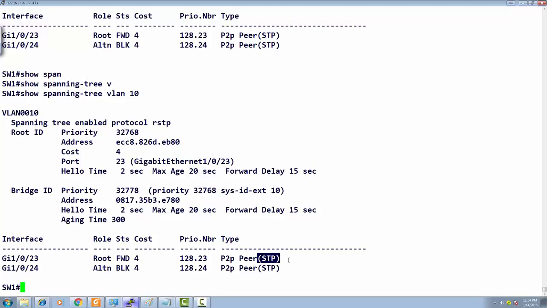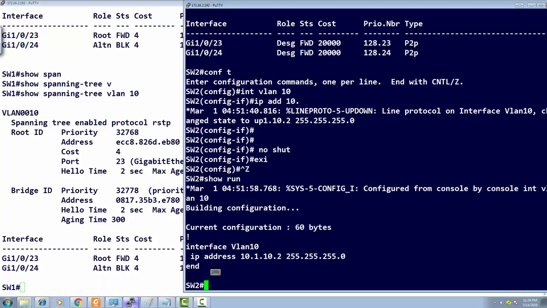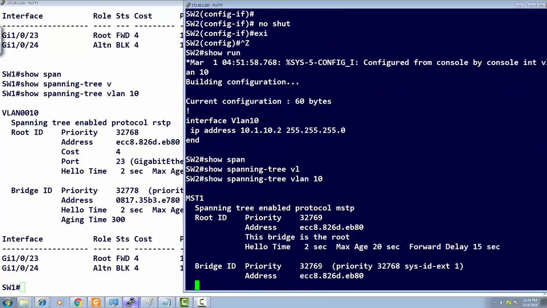It's some other spanning tree that I'm running, but not rapid spanning tree. When you have rapid spanning tree on both sides, or a similar kind of spanning tree, you never see this message. It is a sign that you are running some other kind of spanning tree on the other side. So I'll go back to the other side and say show spanning tree VLAN 10 to see what's going on here.